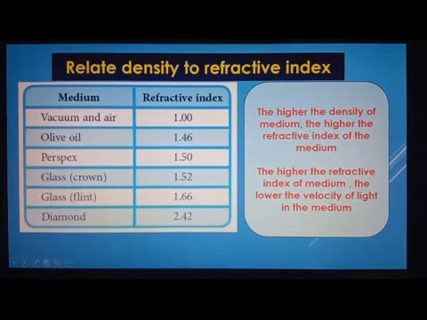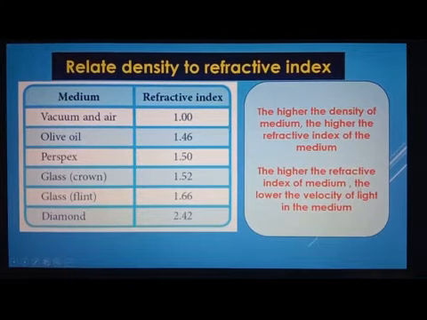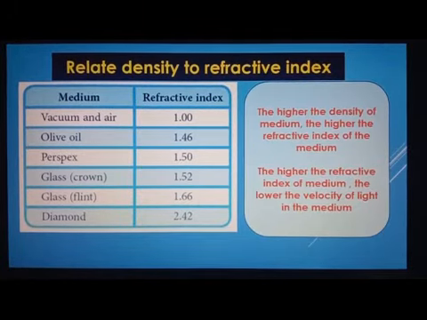From here we can see how the speed changes when light travels through the medium. So we can relate density and refractive index. The higher the density of the medium, the higher the refractive index. The higher the refractive index, the lower the velocity of light in the medium, meaning the larger the angle of deviation, or the light bends more in a denser medium. You don't need to memorize all the values. If there is a calculation problem, all the values will be given.